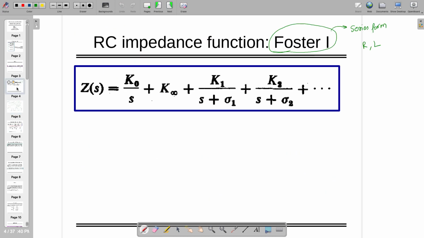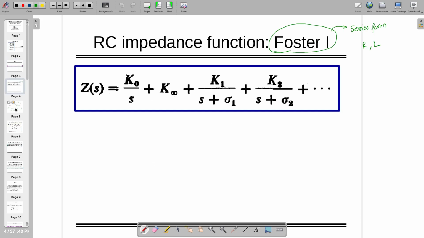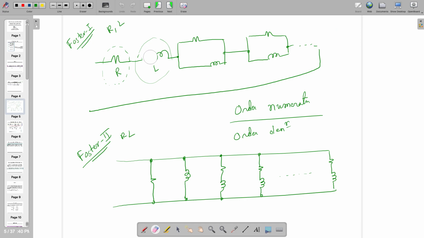If you have some impedance function given to you, by the way, sorry, we are making RC. I made a mistake here. It has to be RC. But it's the same for the RL Foster.